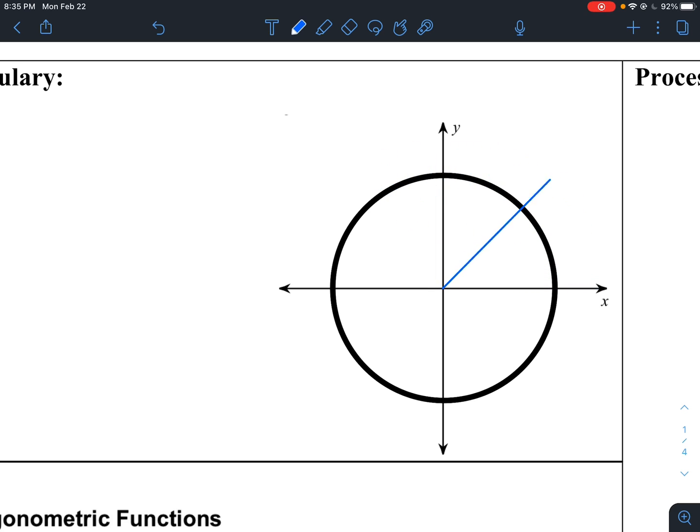So for instance, let's say we had an angle of maybe 120 degrees. This is our terminal side and it's rotated about 120 degrees. Now in this circle right here, the circle and our terminal side intersect at a point.